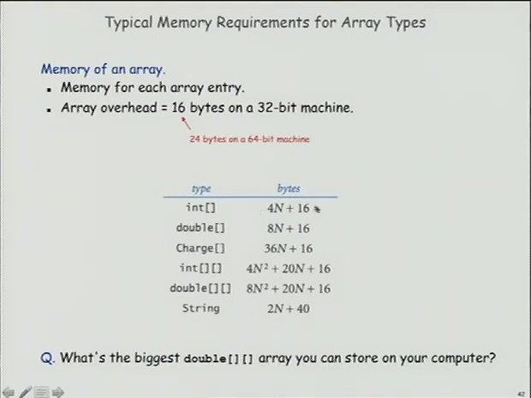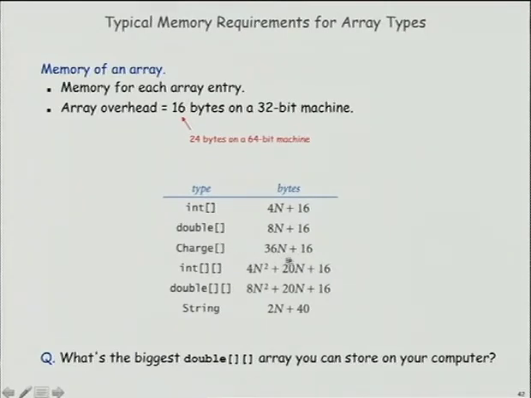Well, then of course I have the 16 bytes overhead, and then I have n elements in the array, so I have 4 bytes per integer times n, so I have 4n plus 16 bytes that I use for an array. Then for a double, similarly, I have there the 16 bytes overhead and then 8 bytes per double, and there are n of them there.